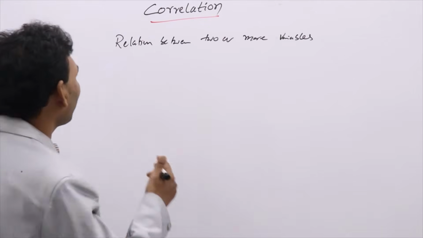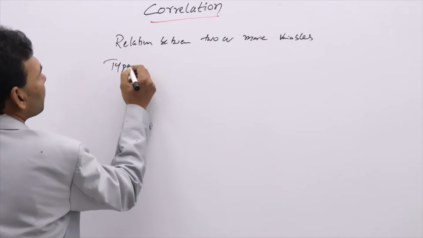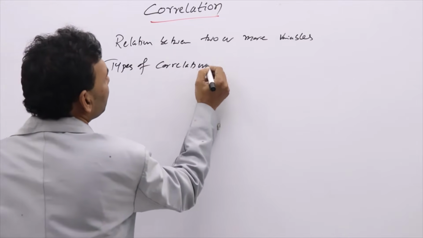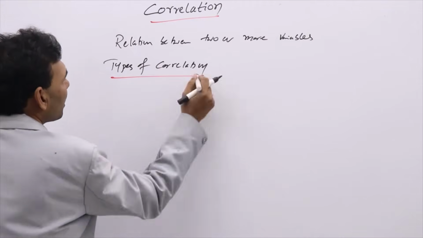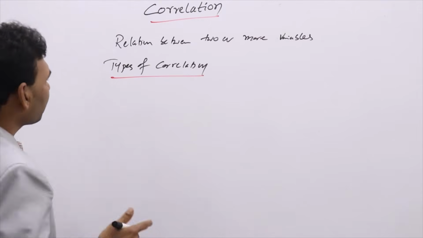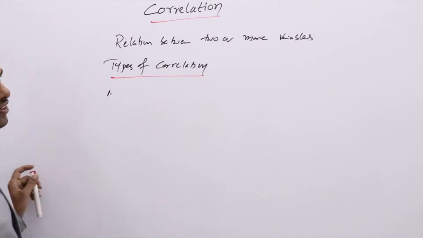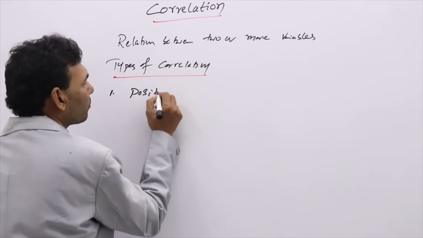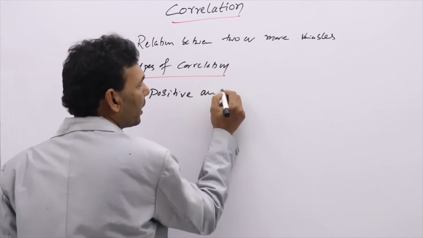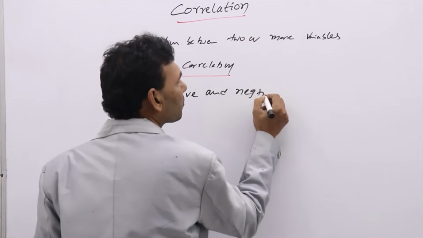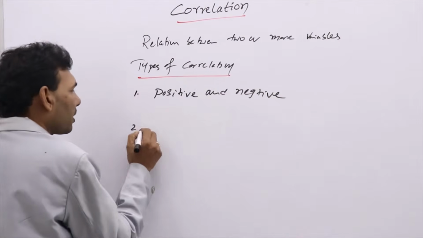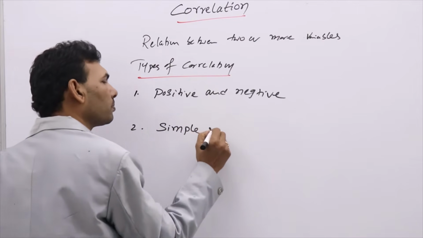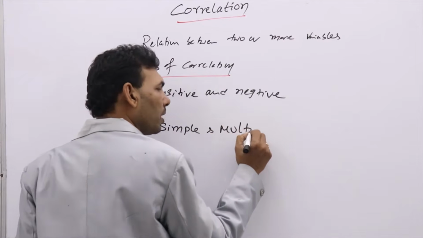There are so many types of correlation. The first one, positive and negative correlation. Similarly, simple and multiple correlation.